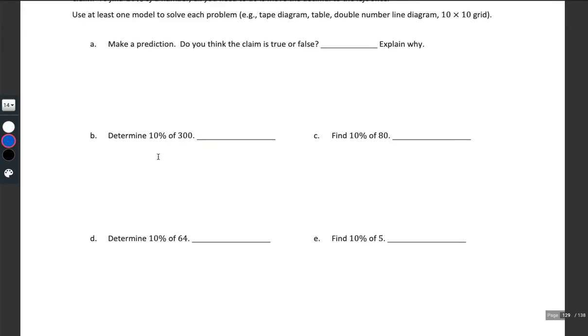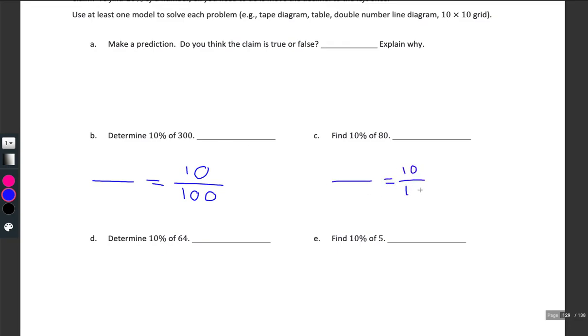So determine 10% of 300. I'm going to solve all of these using proportions because that is my preferred method to show you how to do these things. Since they're all 10%, they're all going to be 10 over 100.